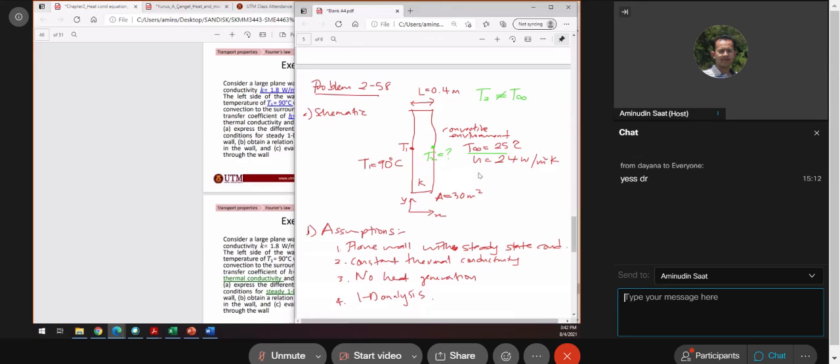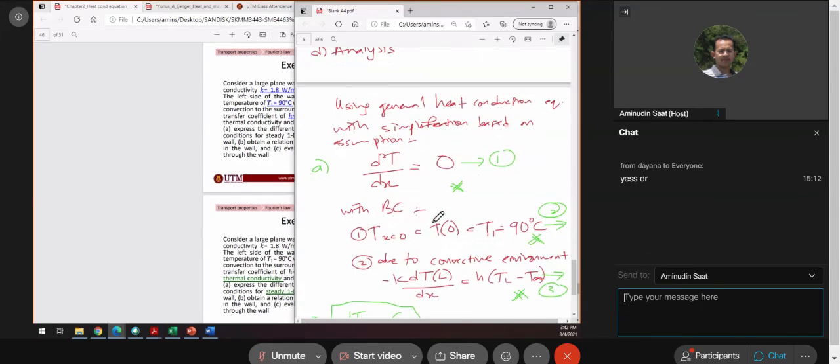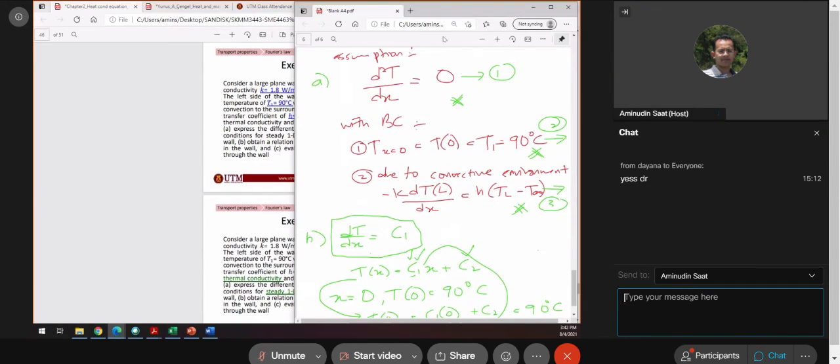You need to do some analysis. If we can solve this, from this step you can find the next.